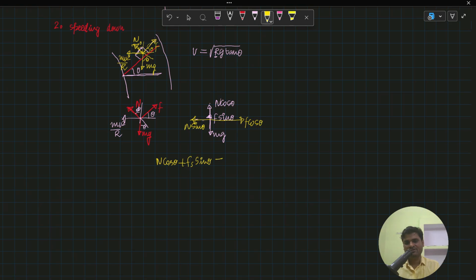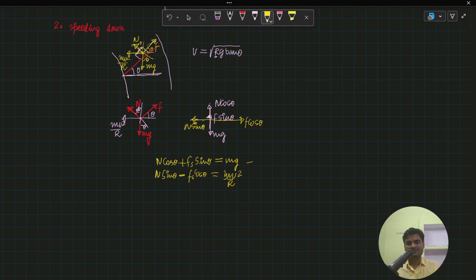The other equation will be N sin θ minus fs cos θ, and this is the force that is responsible for the centripetal force, mv²/r. This is equation 1, and this is equation 2.